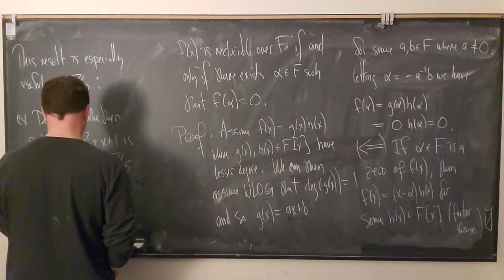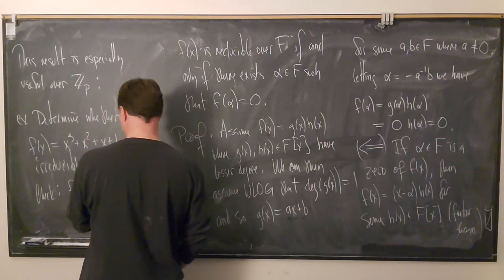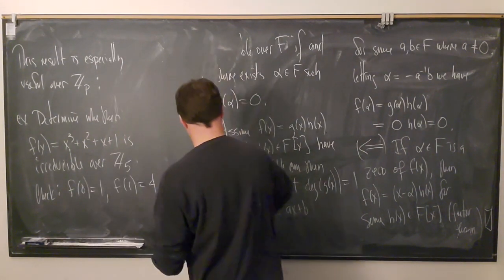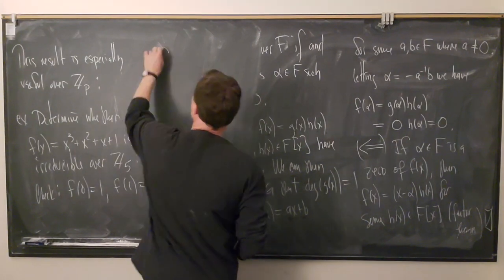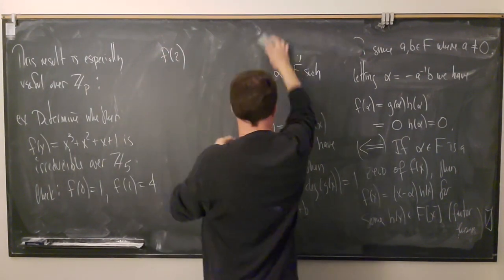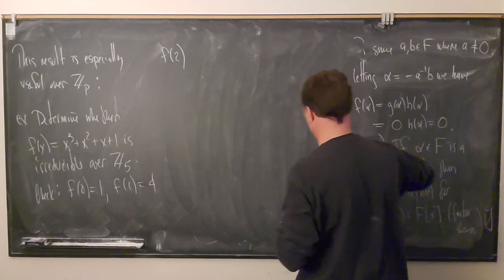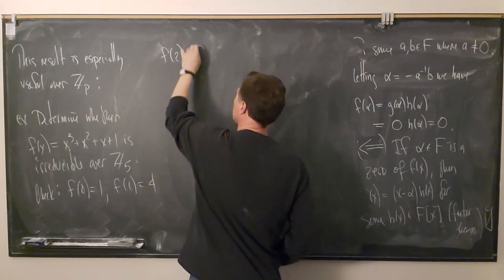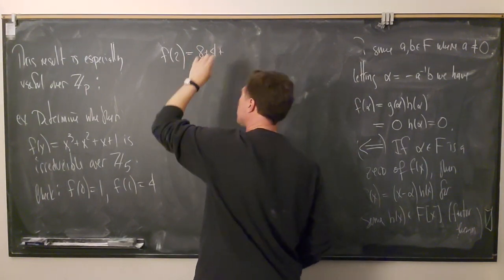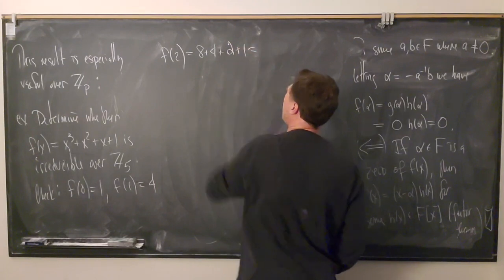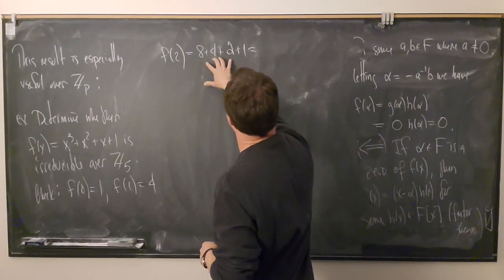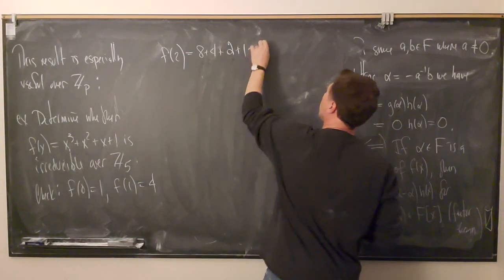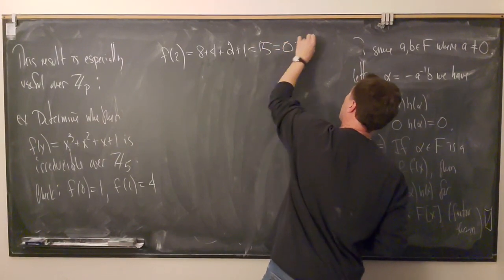f of 0, that's equal to 1. f of 1 equals 1, 2, 3, 4. f of 2, what's that equal to? 8 plus 4 plus 2 plus 1, 12, 14, 15, which is equal to 0 in Z5.